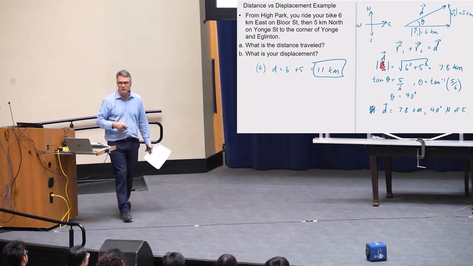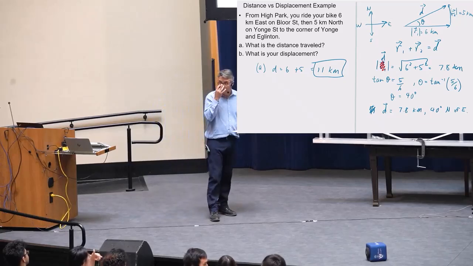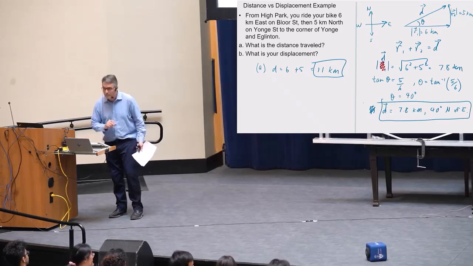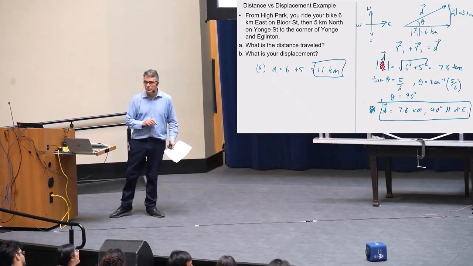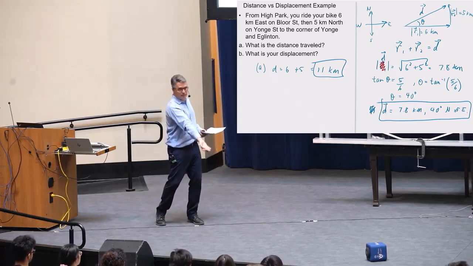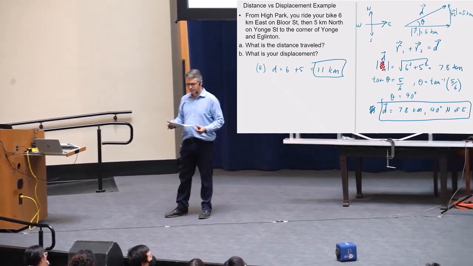That would be how you define it, or just refer to the diagram. So this is the final answer. Sound good? So I've gone from east, up north, counterclockwise, 40 degrees.